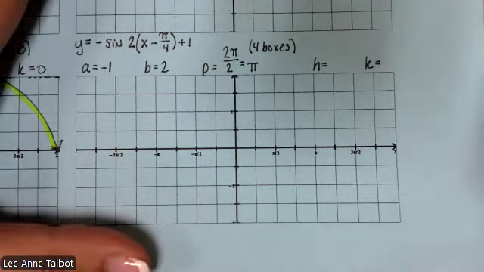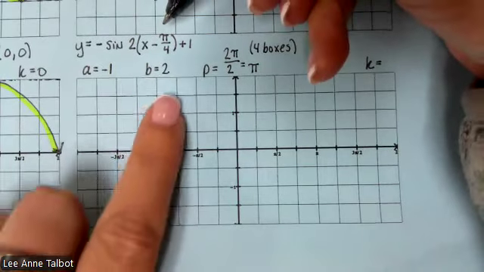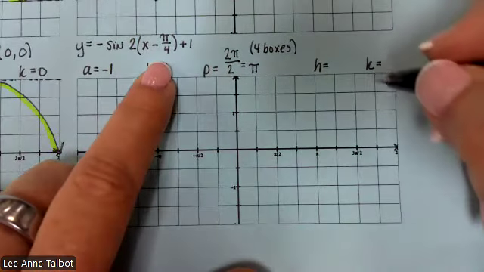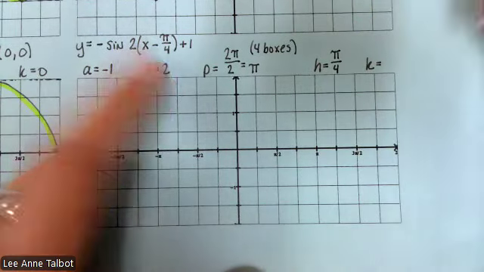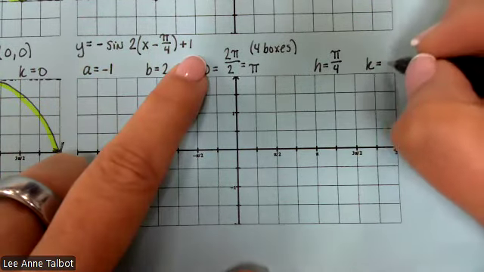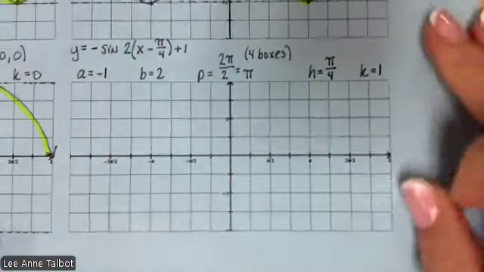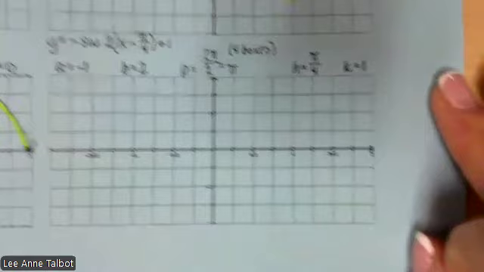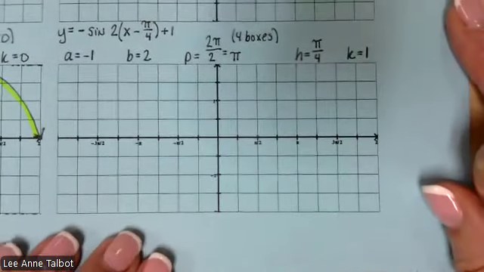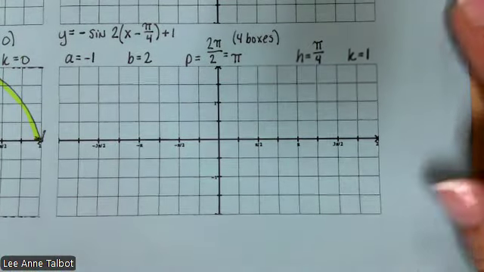Okay. H is here, but remember you switch the sign when you take it out of the parentheses. So positive pi over 4. And K is 1. So this is the first time we've had values that do some kind of transforming in every spot.